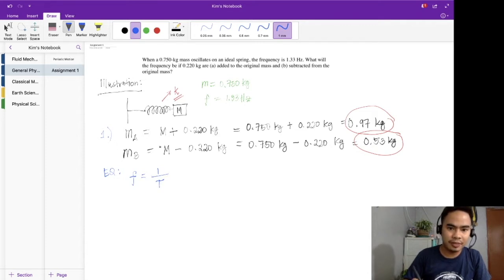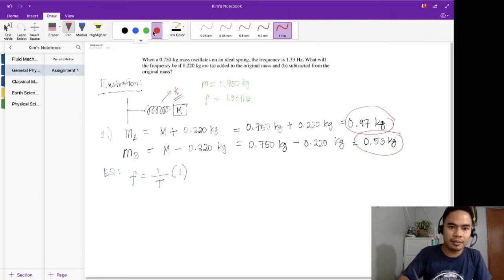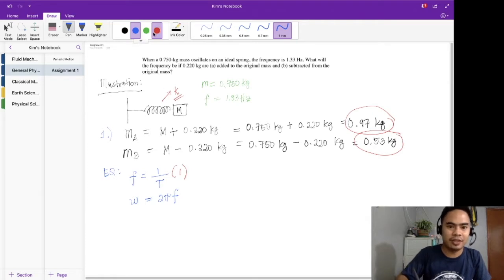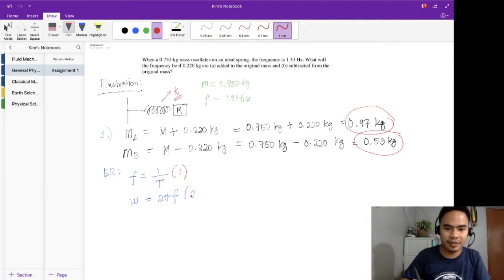So let's label that as equation 1. Equation 2 is the angular frequency omega, which is just 2 pi times the frequency f. Let's label that as equation 2.